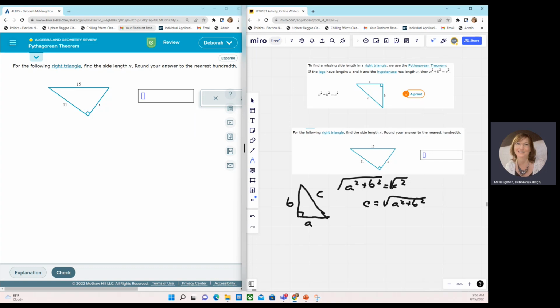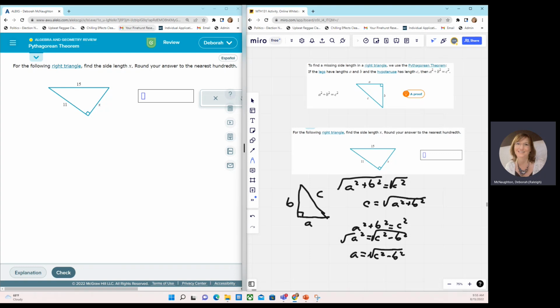The other thing that happens, since A squared plus B squared equals C squared, is that if they give me C and one side, it doesn't matter which side I'm missing, but suppose we're missing A, then A squared equals C squared minus B squared. Again I take the square root of both sides, so A equals the square root of C squared minus B squared.